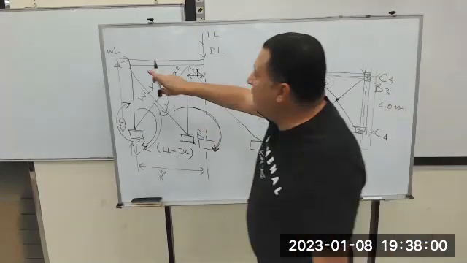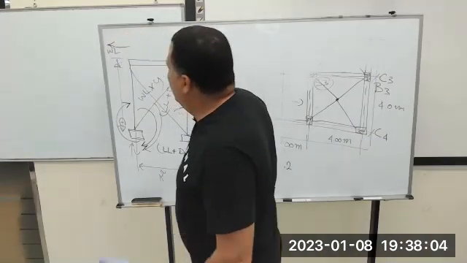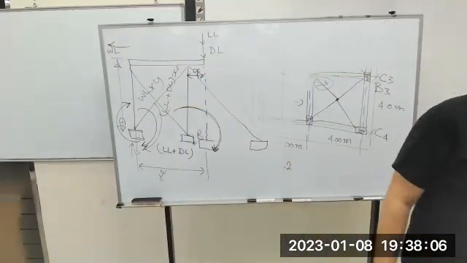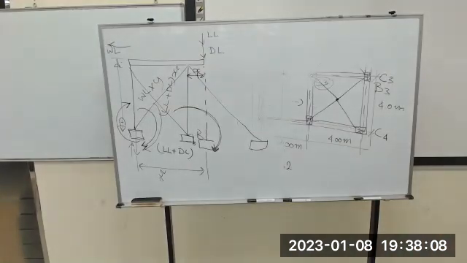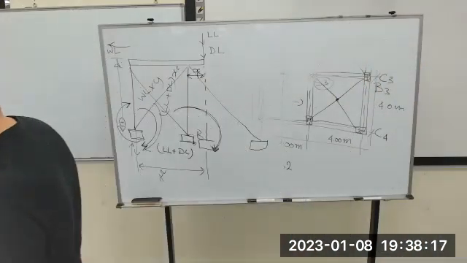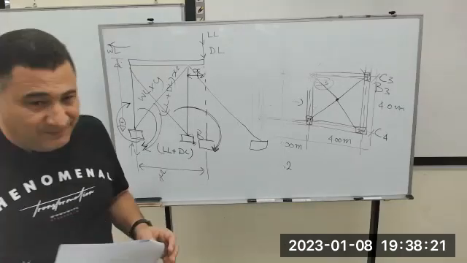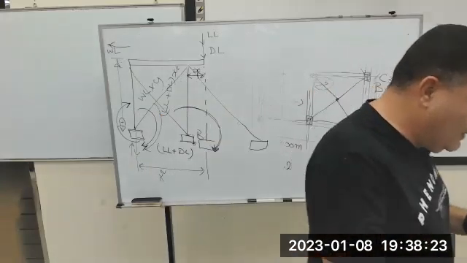If the wind load is in this direction, what is the combination? More stability. The combination is dead load plus live load minus wind. Simple, very simple. Correct?